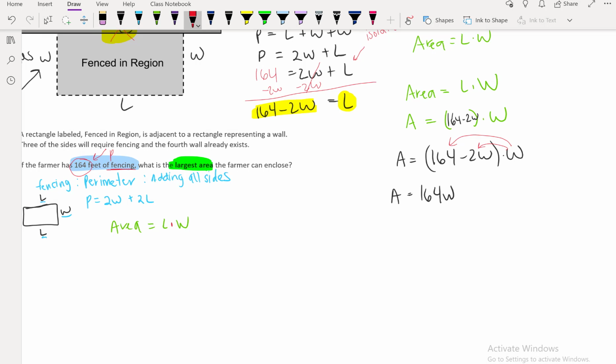And then W times a negative 2W will give me a negative 2W squared. And of course, I can go ahead and just rewrite this in standard form. So I'd have a negative 2W squared plus 164W. So all I did from here to here is just rewrite it in my standard form.